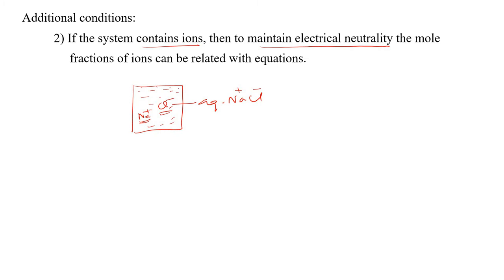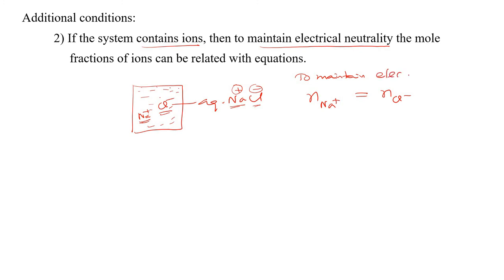Now to maintain electrical neutrality, you know very well, even if you dissolve any amount of sodium chloride in water, the solution should be neutral. Why is the solution neutral? Since sodium ion and chloride ion carry an equal amount of charge, the number of moles of sodium ion should be equal to the number of moles of chloride ion to maintain electrical neutrality.